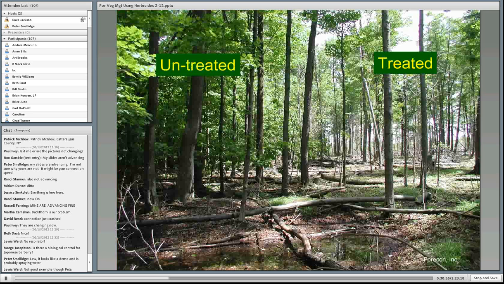So here's an area that was actually treated a year prior to these photographs being taken. And you can see on the right here, this was treated the following summer. So this is the first growing season following treatment. And if you look over here, you can see that dense mid-canopy layer of striped maple and American beech primarily.